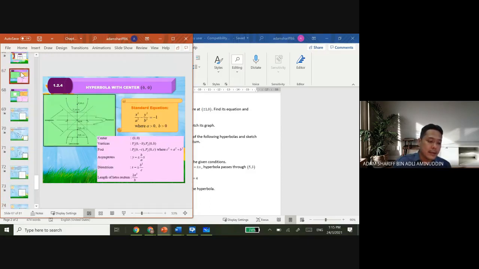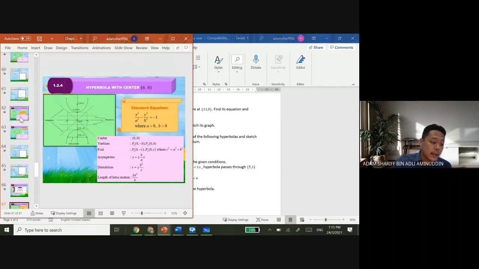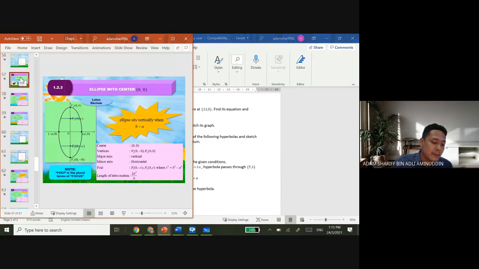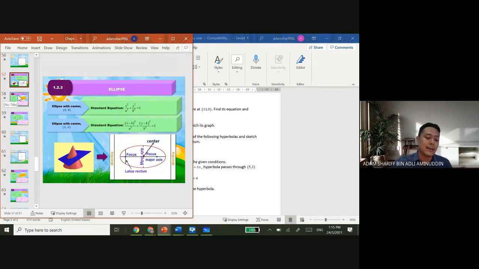Apa yang saya nak cakap kat sini, kadang-kadang student dia terconfuse dengan ellipse. So always remember that although the standard equation looks similar, but actually very differs at this part, plus and also the minus, the sum. Satu sum, satu difference.